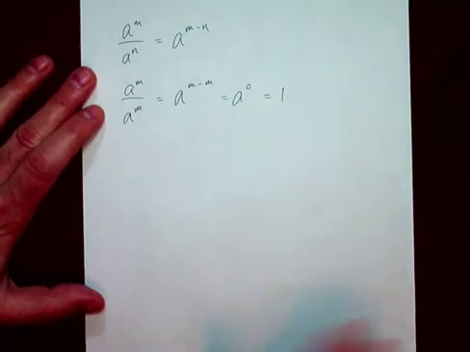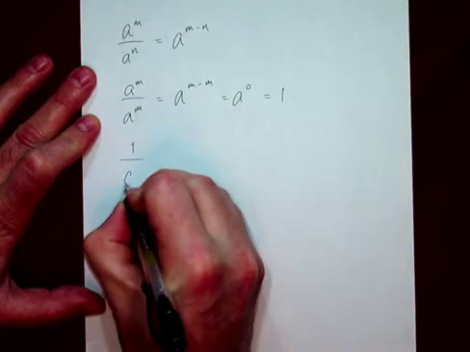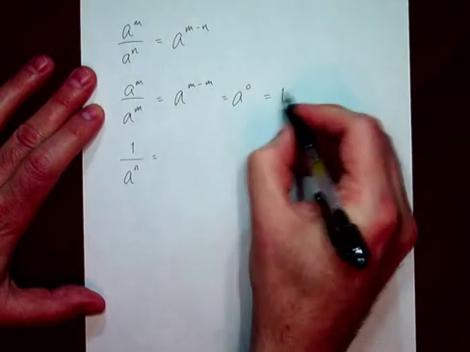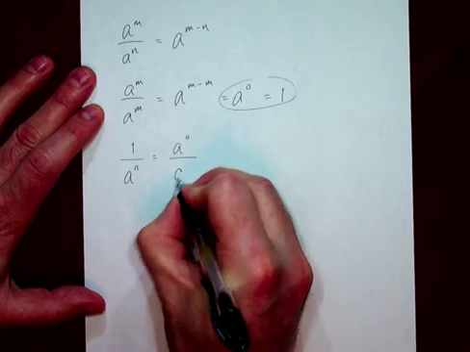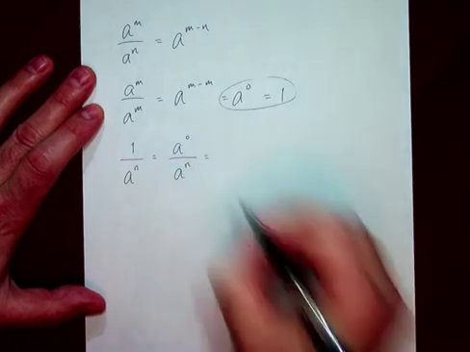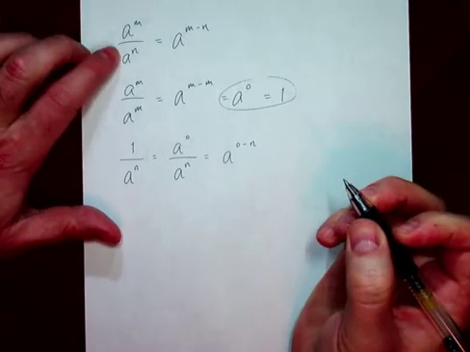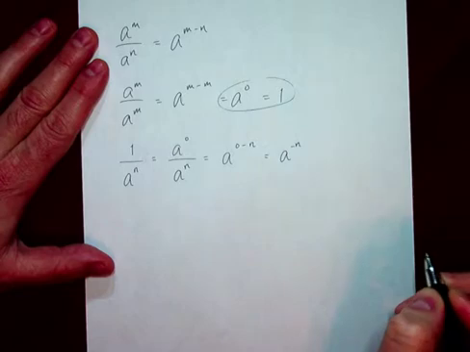We're going to take this one step further, and let's say we have 1 over a to the n. Well, based upon this right here, that's the same thing as a to the 0 over a to the n, or a to the 0 minus n, based upon this principle up here, or a to the negative n, okay?